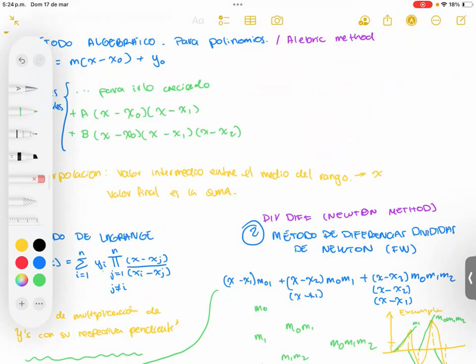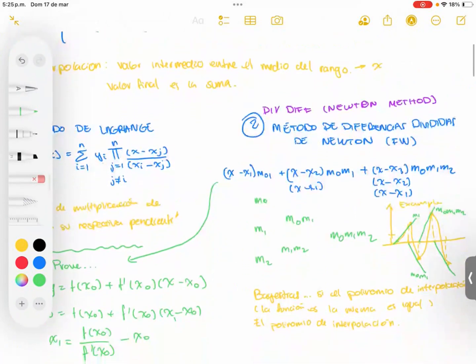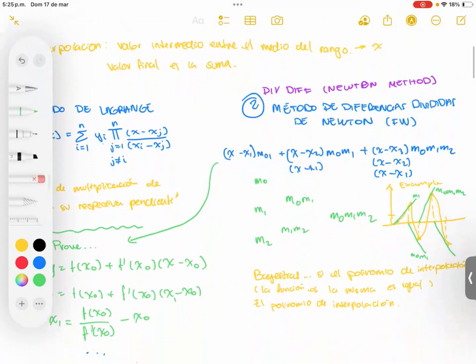Now, that was a really interesting method. However, because of the amount of Lagrangians that you need to have, it's expensive. So what Newton mentioned was that, okay, let's stop doing that and let's try to simplify it and make it optimal.